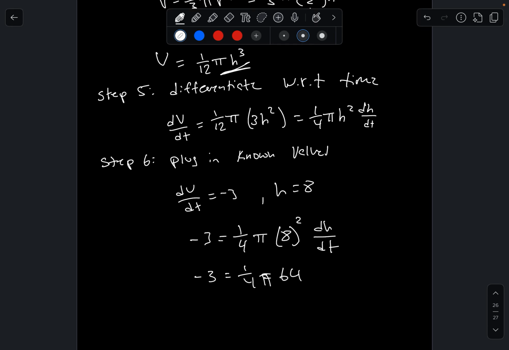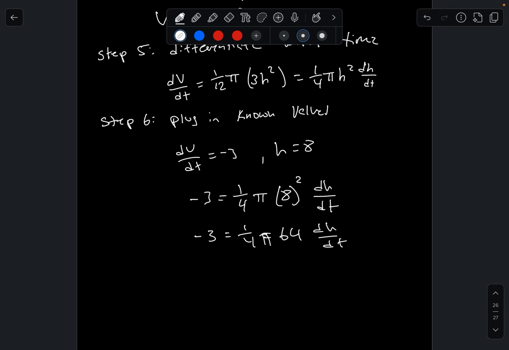Sorry, that's a pi times dh/dt. And dh/dt is what we want to solve for. So let's rewrite in terms of dh/dt. We have dh/dt is equal to -3 over 16 pi. And that is our final answer.